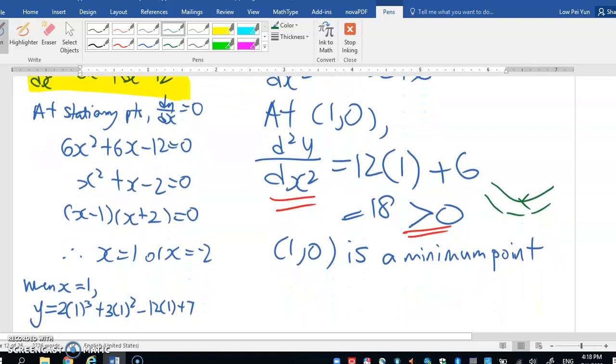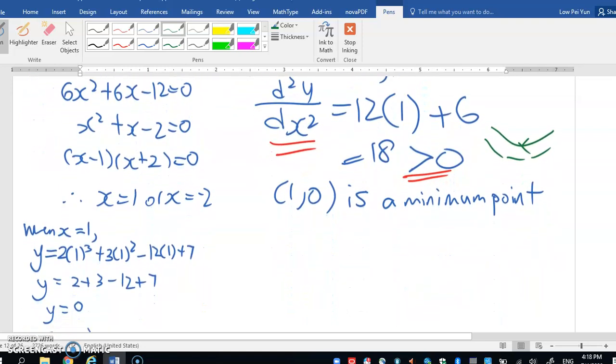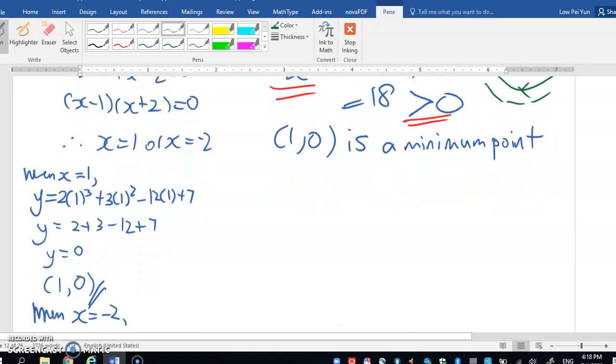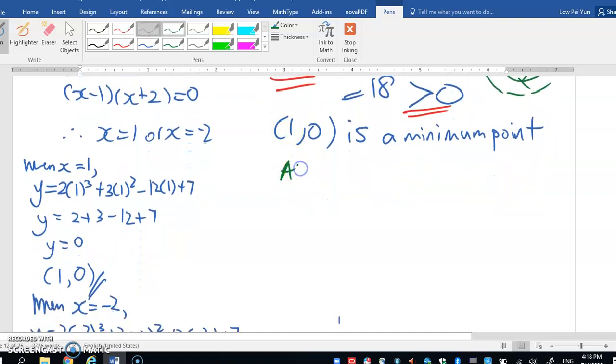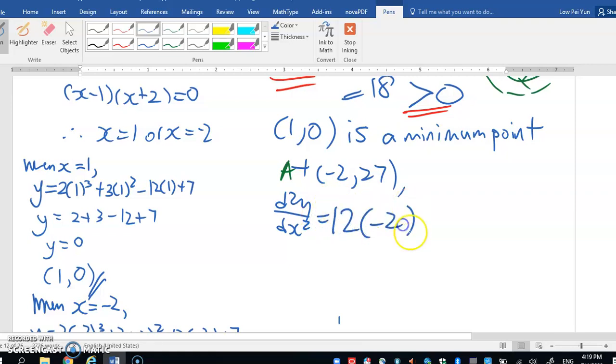At (negative 2, 27), d2y/dx squared is going to be, using that d2y/dx squared function, substitute x to be negative 2. I am going to get negative 24 plus 6, which is negative 18.